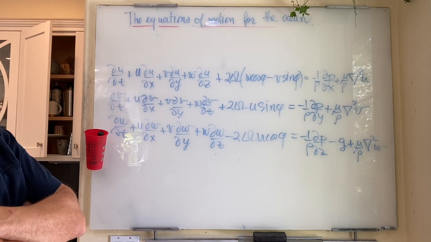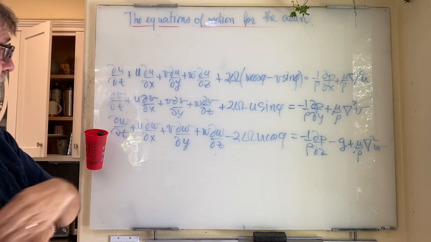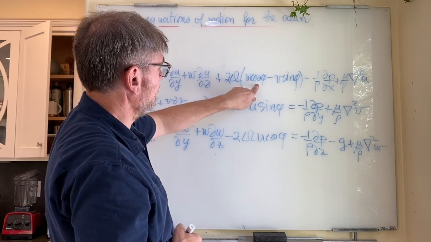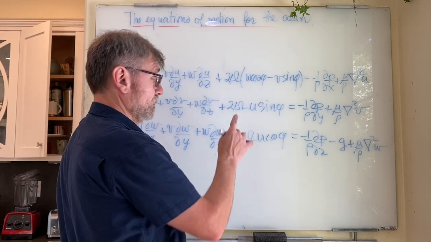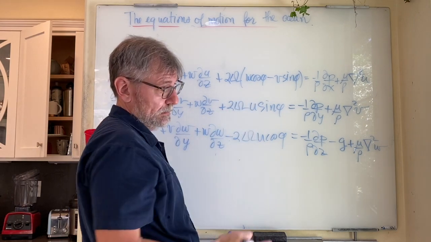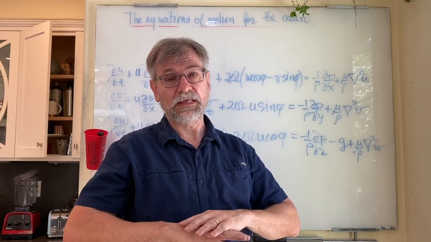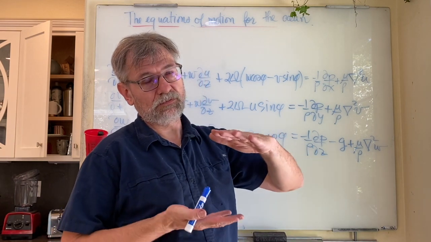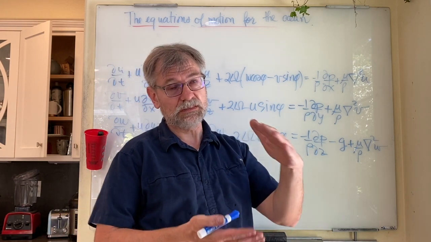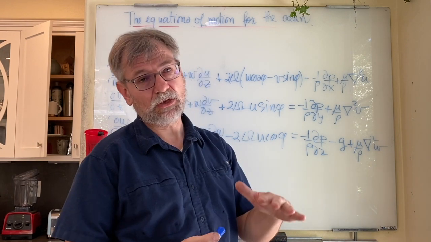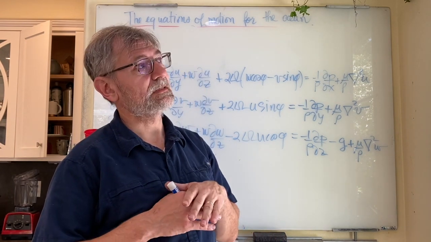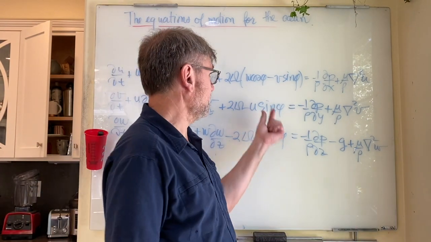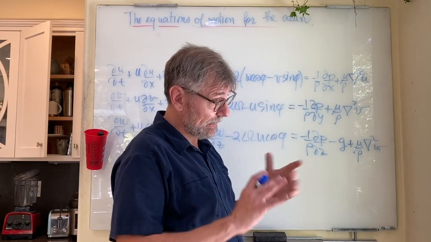All right, so there are some approximations that are usually made for the Coriolis force. So if we look at the first term, there's this w cos phi minus v sine phi. In the ocean, the length scales are very broad in the horizontal directions, but fairly restricted in the vertical. So the deepest point in the ocean is maybe 10 kilometers, but 10 kilometers is not very big compared to the tens of thousands of kilometers of the horizontal extent of the ocean.